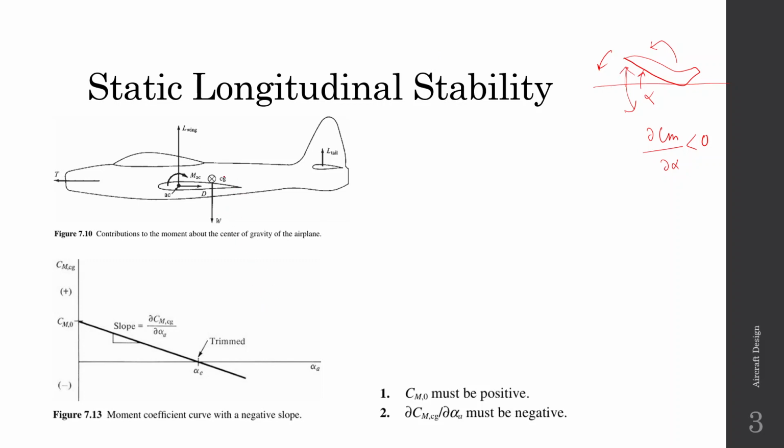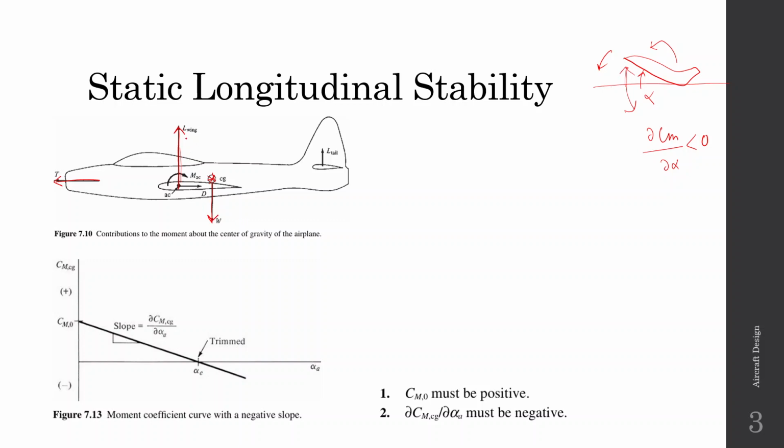Now let us see what the contributions are to the longitudinal moment when the aircraft is flying. The moment is taken about the CG of the aircraft. The forces acting in this plane are the thrust, then the lift which acts vertically upwards, and the weight of the aircraft, which acts along the CG.